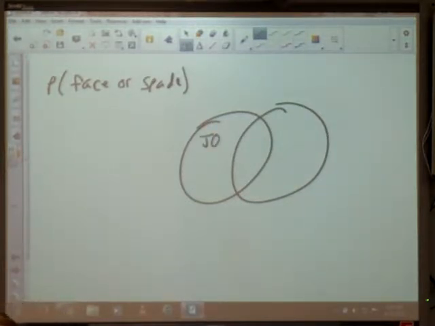Got a jack, a queen, a king, and all 4 suits. Okay, we'll say there's my hearts, my diamonds, and my clubs. But my spades are going to be in here because they're both, right? Jack, a queen, and a king spades. So here's face cards, here's spades.